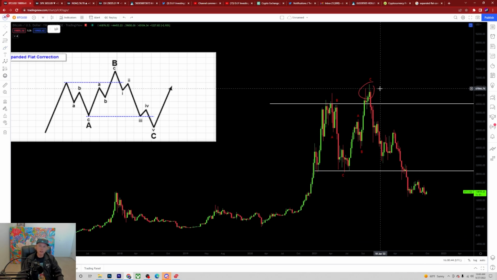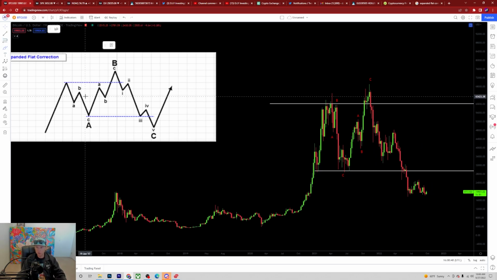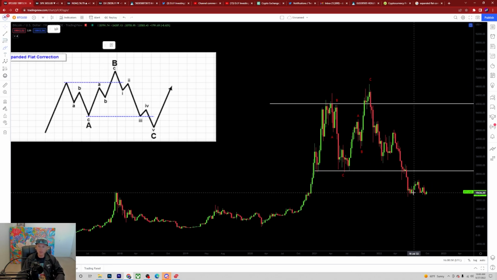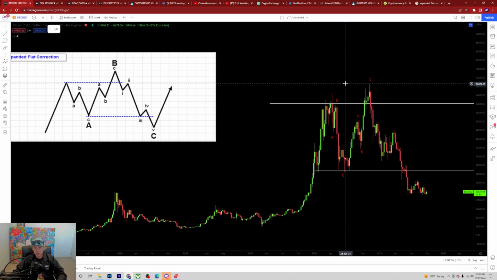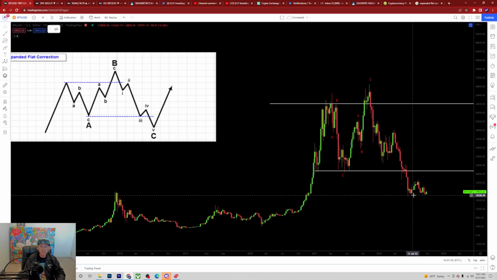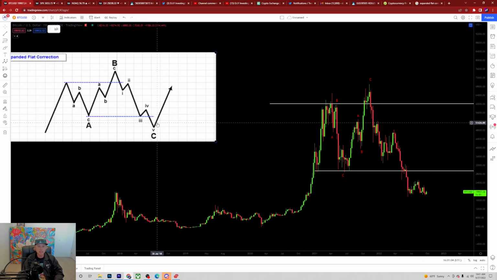So it's literally a capitulation type of pattern. It's meant to shake out all of the weak hands, both the bulls and the bears, in both directions. This pattern is not only playing out inside of Bitcoin, it has also played out in many of our major indices. And it gives me a lot of confidence that what we're going to see from Bitcoin is us bottoming inside of this C leg.